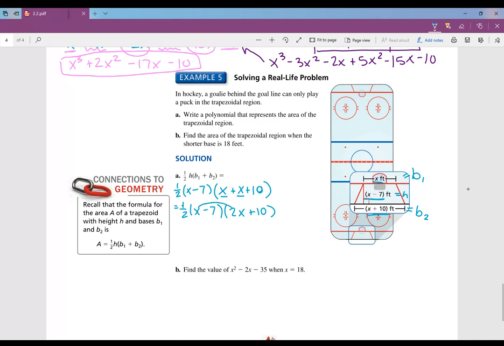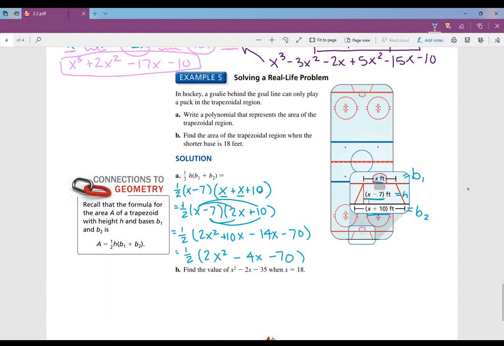If we distribute our x and our -7, if we multiply this out, we'll get 2x squared plus 10x minus 14x minus 70. Okay, and if we combine those like terms, we have 2x squared minus 4x minus 70.